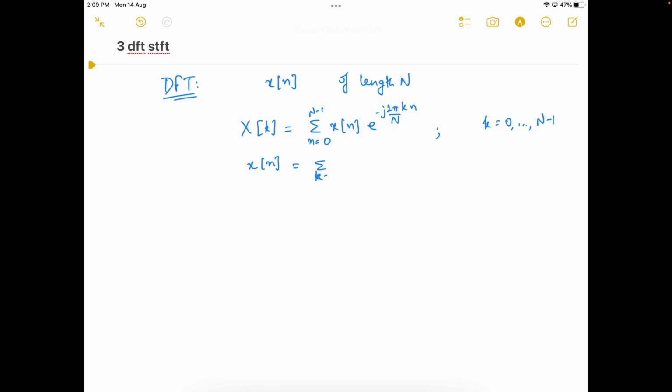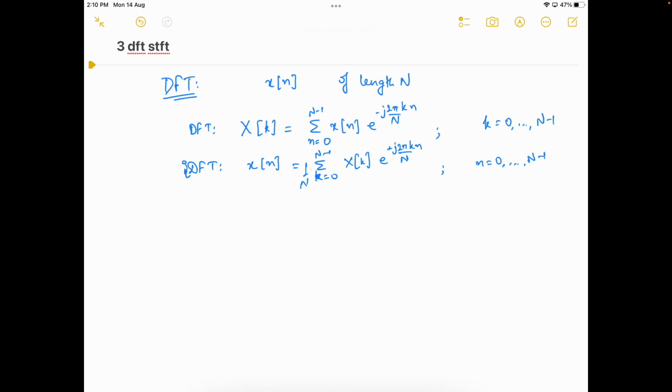You sum over all the k, plus we have to add one normalizing constant. That's it. These are the Fourier transform pairs. This is called DFT, and this is called the inverse DFT, IDFT. Right? So both of them are known to you.